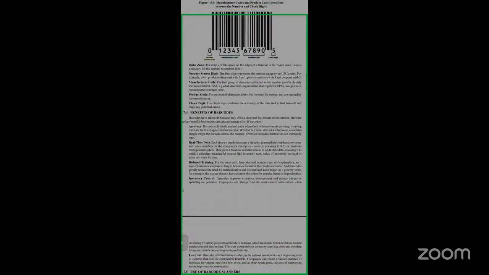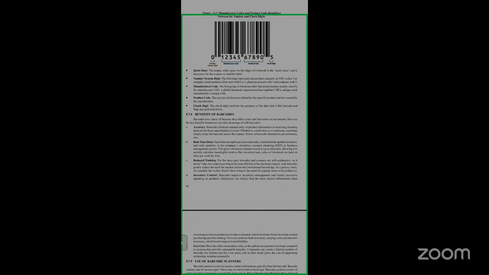And what are the benefits of barcodes? When you take up barcodes, they offer a clear and fast return on investment. With barcodes, you will have accuracy, real-time data, who has manufactured it and when it was manufactured, and reduced training, so there is no need to train each and every time.